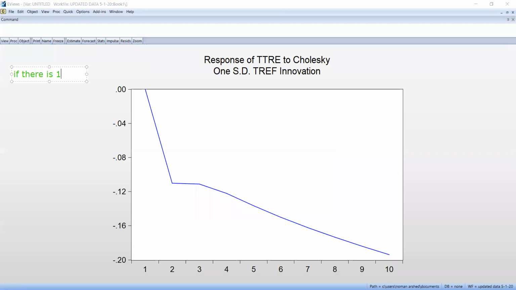If there is a 1% shock provided to the model via tax reforms, then what will happen? At the first time period there was a 1% shock and there is zero effect.